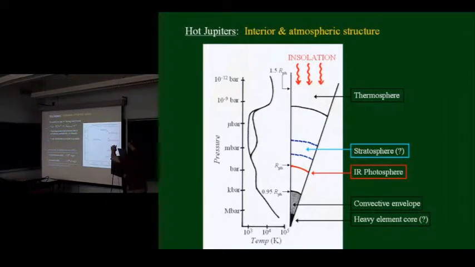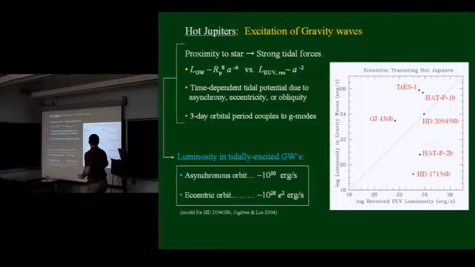So here is the figure you requested. For these 6 planets with measured eccentricities, here's the luminosity in gravity waves that you would infer based on a tidal dissipation model of Ogilvy and Lin from 2004 versus the received extreme UV luminosity.